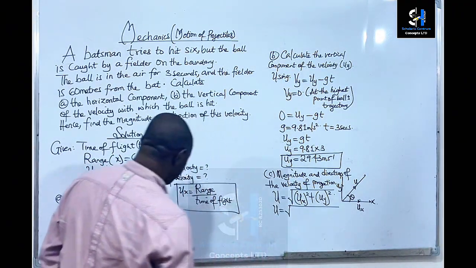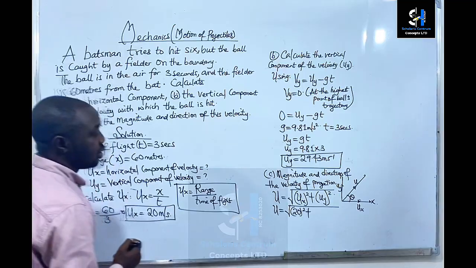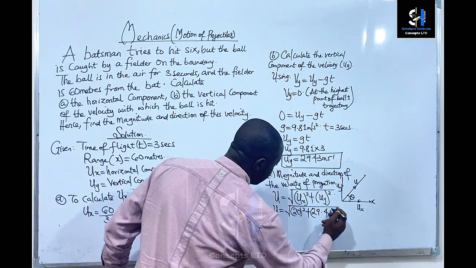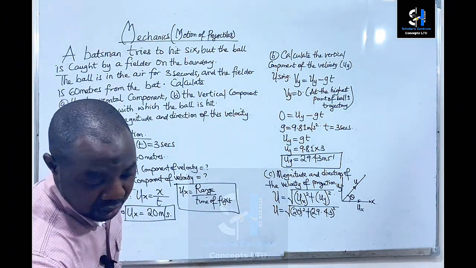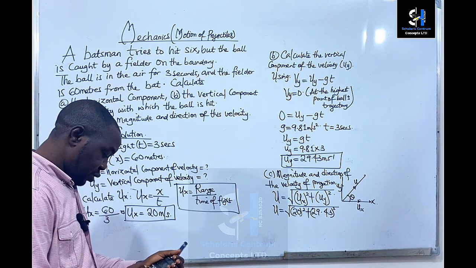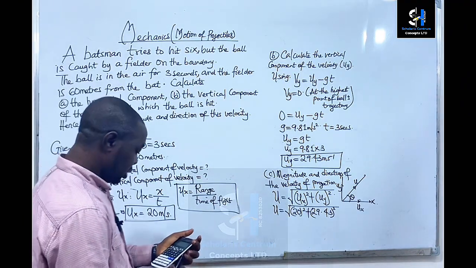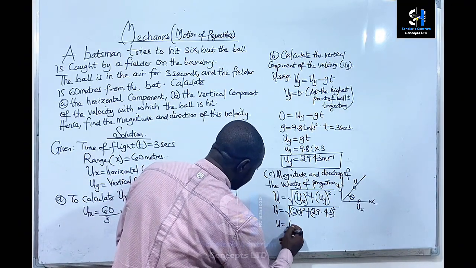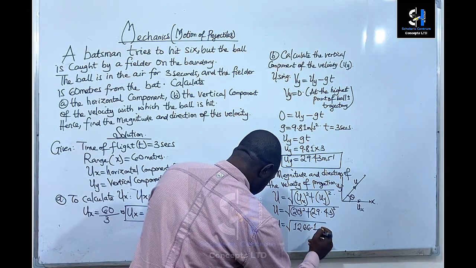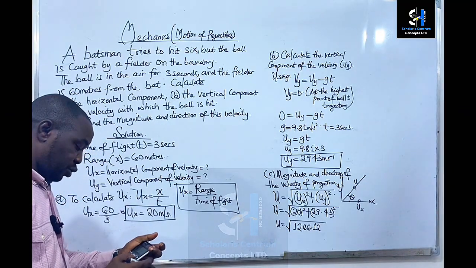All right, so let's plug in the value of ux, which is 20 squared, then the value of uy, 29.43 squared. 29.43 squared added to 400 is 1266.12. So u equals the square root of 1266.12.